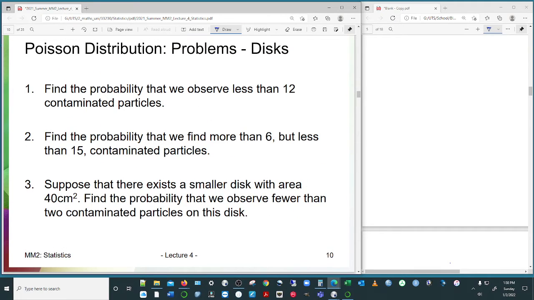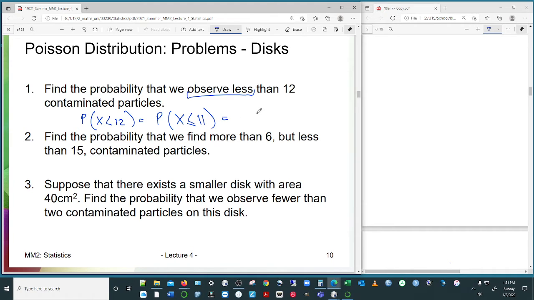Find the probability that we observe less than 12 contaminated particles. So the probability is going to be using the language skills that we're developing in statistics. So x is less than 12, and so we recognize that if we're going to use the cumulative distribution, we can't put 12 because it'll include 12, so we have to go down one.